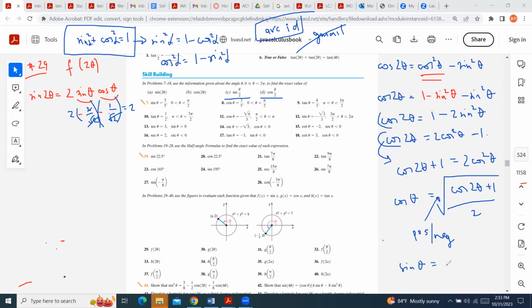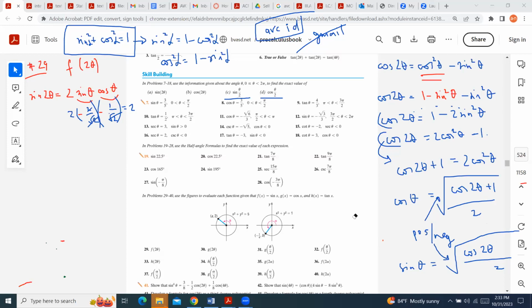And again, it's going to be either positive or negative inside the square root. And we now have to pull out sine. I need to bring it here. So from the second one, bring sine, and that'll be 1 minus cosine.